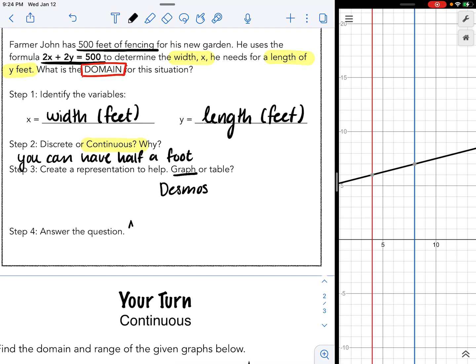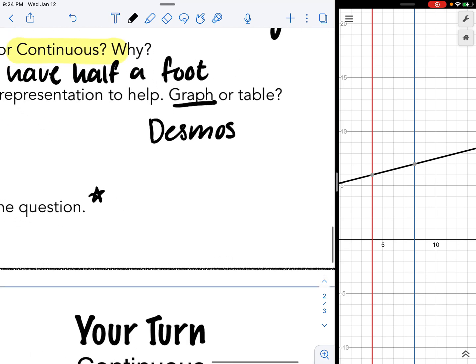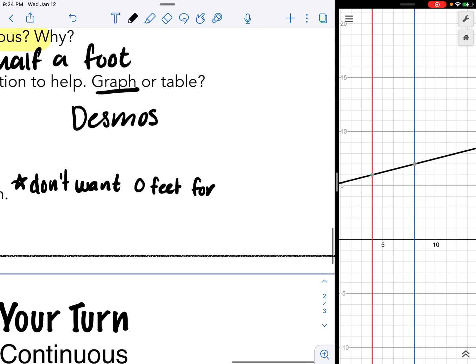And it would not make sense, so we don't want to have 0 feet for width.